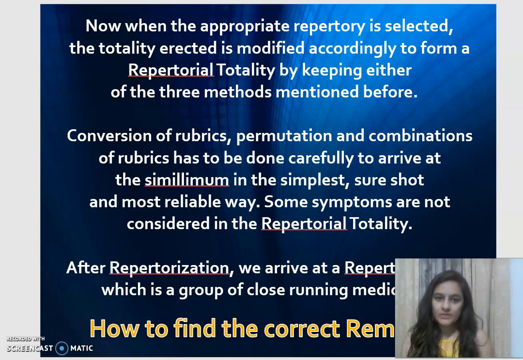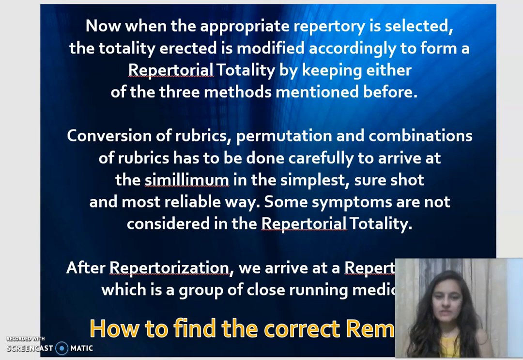All these processes have to be done very carefully to arrive at the similimum in the simplest, shortest, and most reliable way. Some symptoms are not considered in the repertorial totality, so we leave behind some symptoms. We do not put them in the repertorial totality.